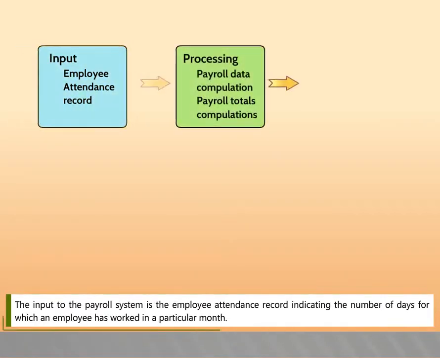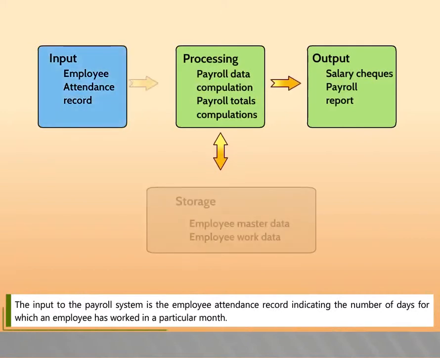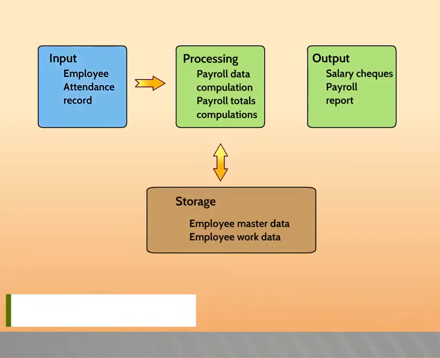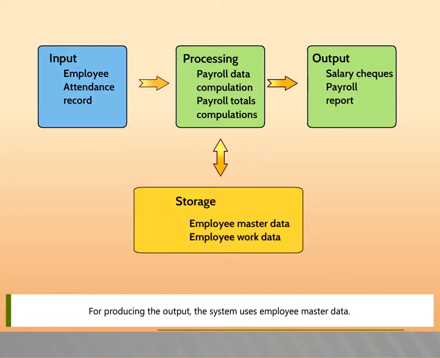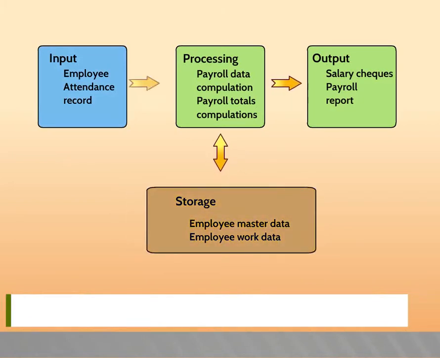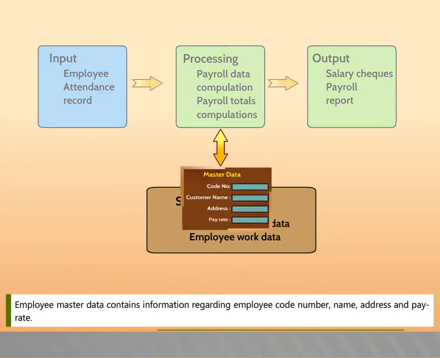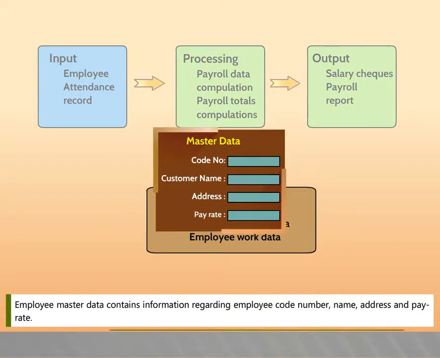The input to the payroll system is the employee attendance record indicating the number of days for which an employee has worked in a particular month. For producing the output, the system uses employee master data. Employee master data contains information regarding employee code number, name, address, and pay rate.